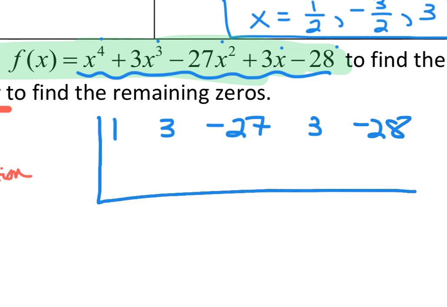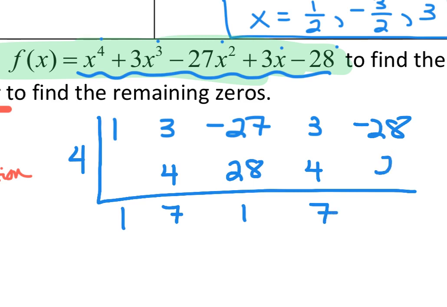And I'm dividing by 4. Bring down the 1. 1 times 4 is 4. 3 and 4 is 7. 7 times 4 is 28. Negative 27 plus 28 is 1. 1 times 4 is 4. 3 plus 4 is 7. 7 times 4 is 28. And negative 28 plus 28 is 0.